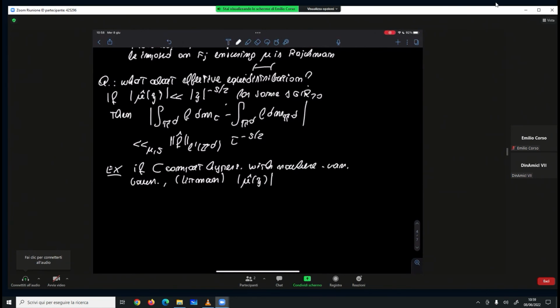Mu, again, is the volume measure on C. So the rate is minus t to the minus one half, so it's precisely related to the dimension of the hypersurface. And actually, the corresponding equidistribution statement is due to Randol, properly phrased by Randol in 1984.